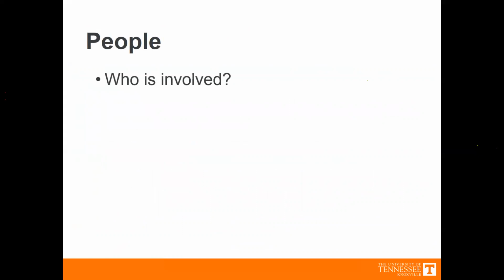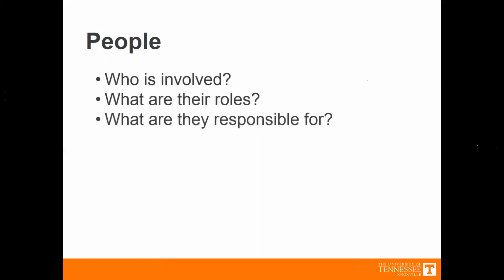Many data management plans I see and review do spell out people's names, and that's fine, because their names are probably spelled out all throughout your proposal, so doing the same in the DMP is fine as well. When you talk about who's going to be involved, you will also talk about what their roles are going to be, and that goes along with the next line here, what they're responsible for.